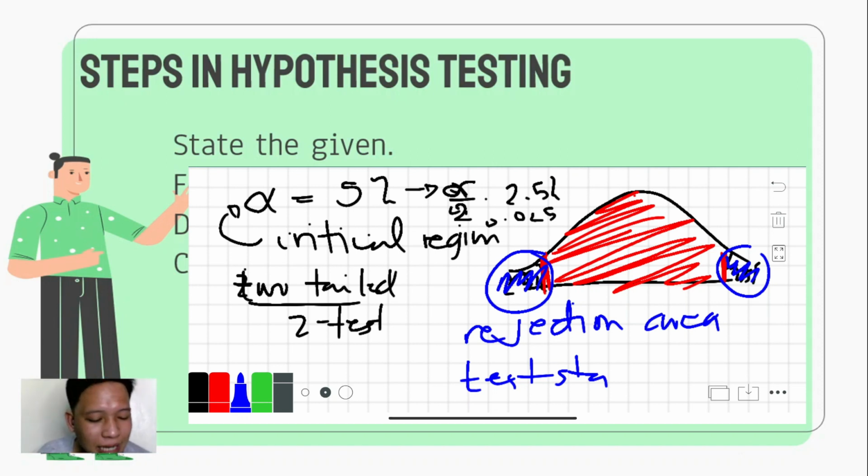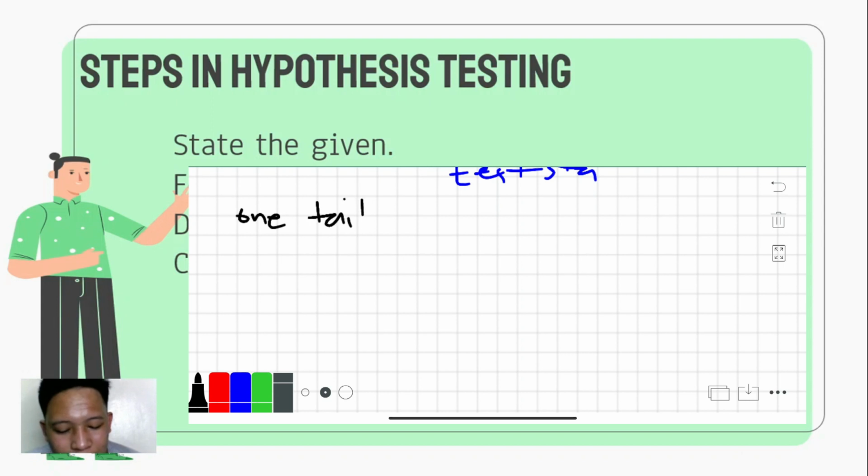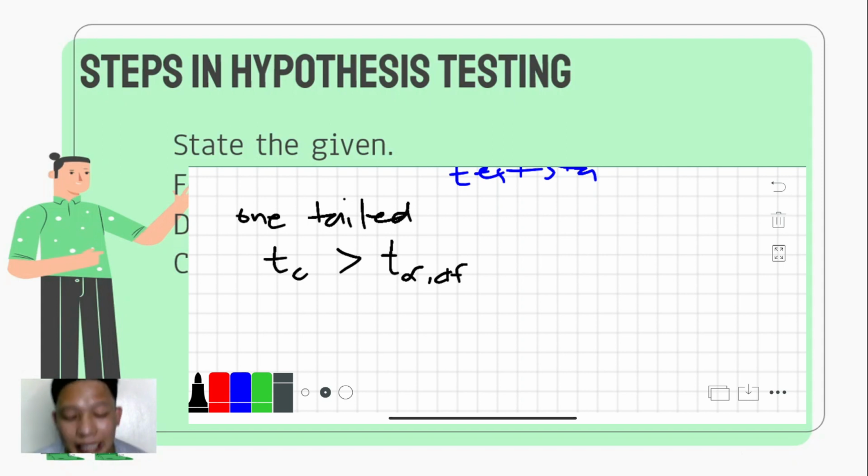Okay? So what will be our decision rule? So we have three types of decision rule depende sa kung ano yung procedure natin. Kapag one-tailed tayo, ang magiging decision rule natin is either yung T sub C is greater than positive, ibig sabihin, positive dapat yung ating tabular value na T sub alpha, df.